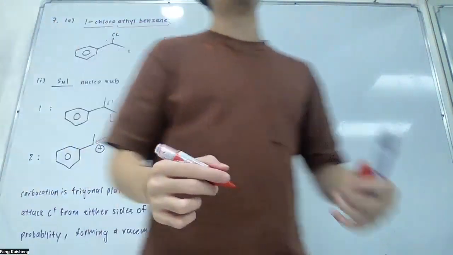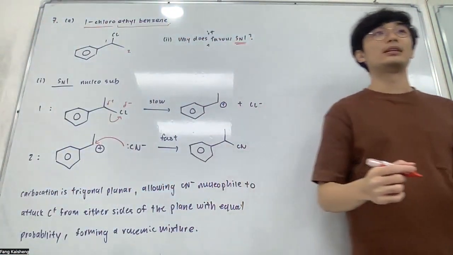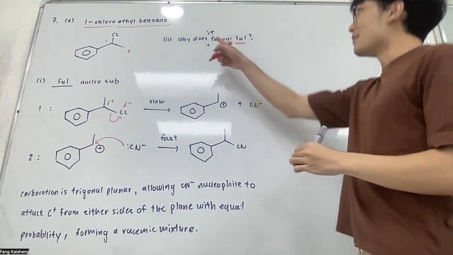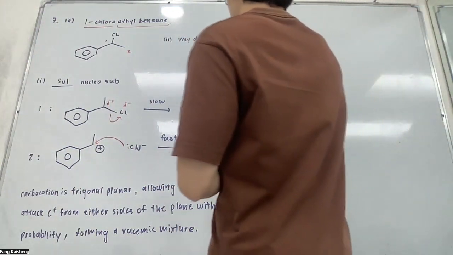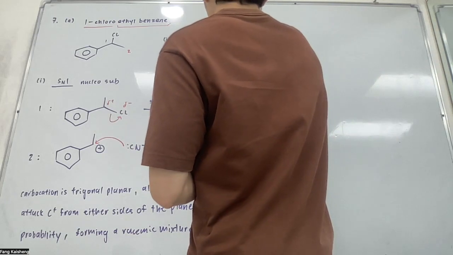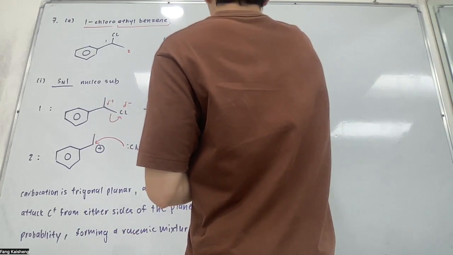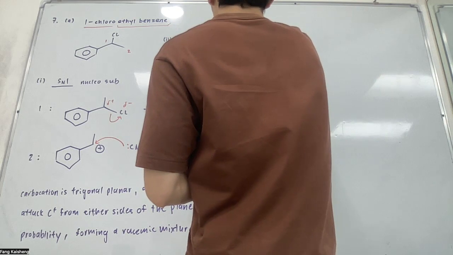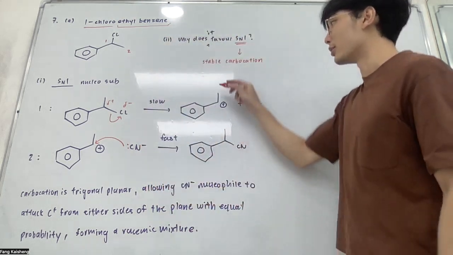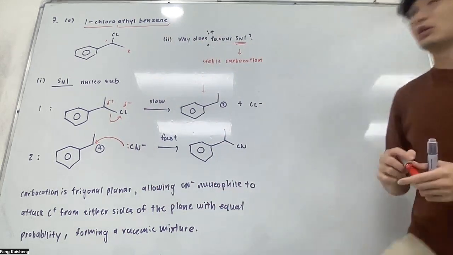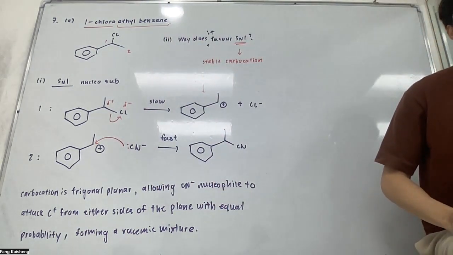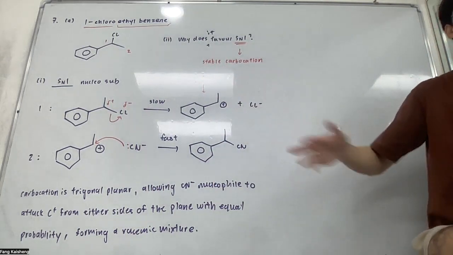Remember, how do you argue an SN1 mechanism? If it favors SN1, that means this compound will form a very stable carbocation. Agree? Let's look at its carbocation. It's right here. We need to find a reason to explain why this is stable.